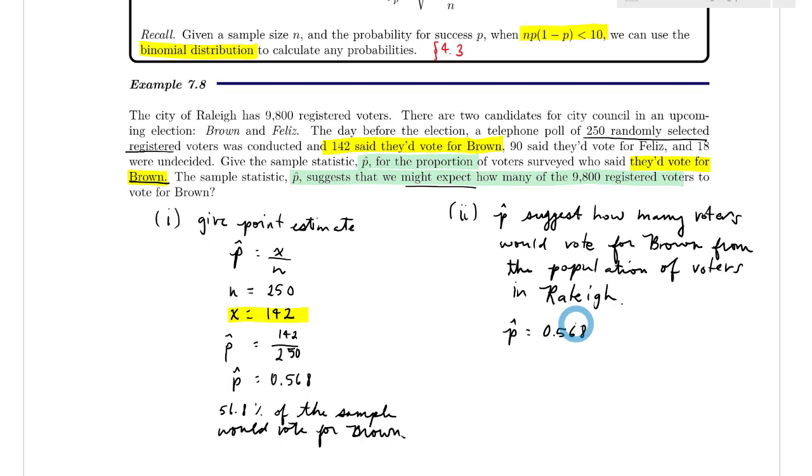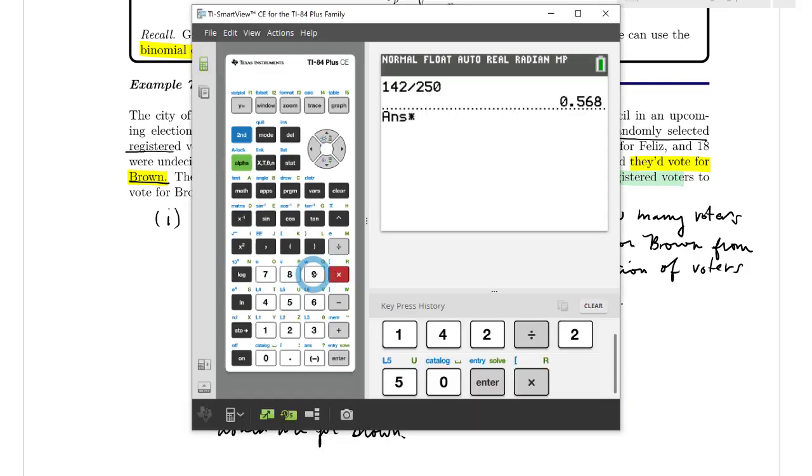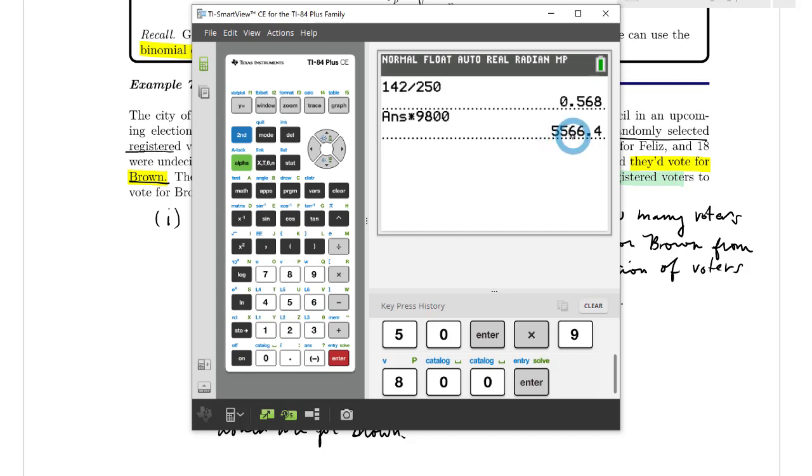And then if we extend that to the population of capital N, 9,800 voters, then we could expect that 0.568 times 9,800 would give us the number of voters that would vote for Brown. Taking that times 9,800, we get 5,566.4.